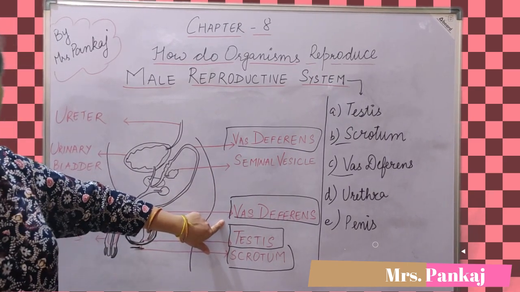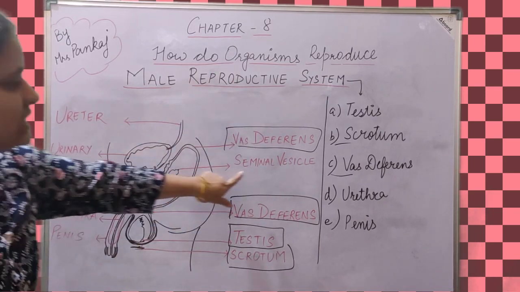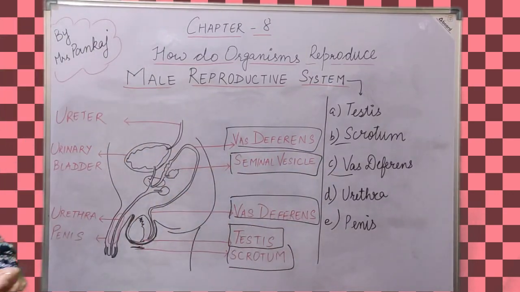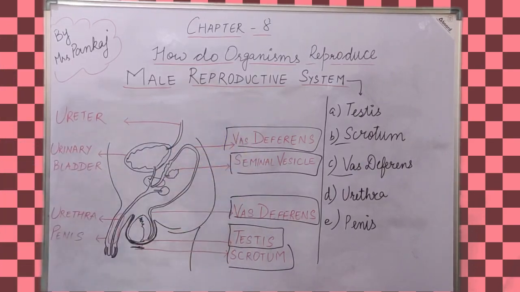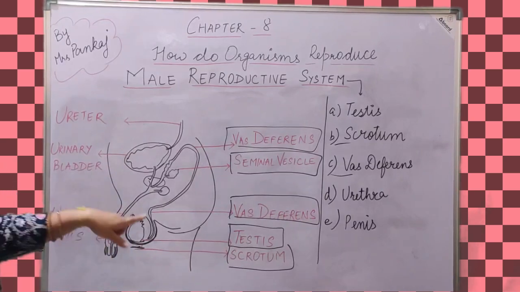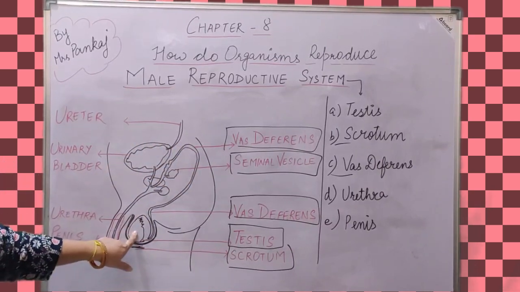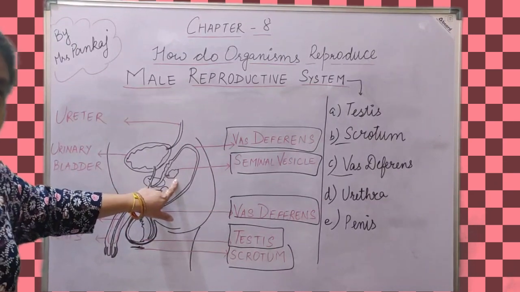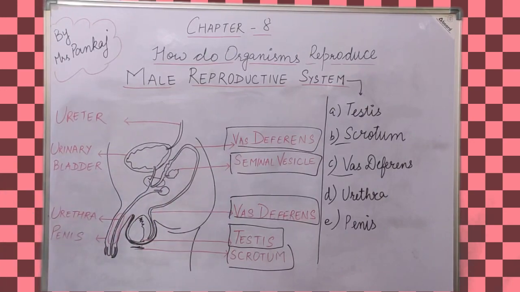This vas deferens tube carries the sperm from the testes to the seminal vesicle, where the sperm is stored for a short duration of time. So this vas deferens is a straight long tube which carries the sperm produced inside the testes to the seminal vesicle, and this sperm is stored in the seminal vesicle for a short duration of time.